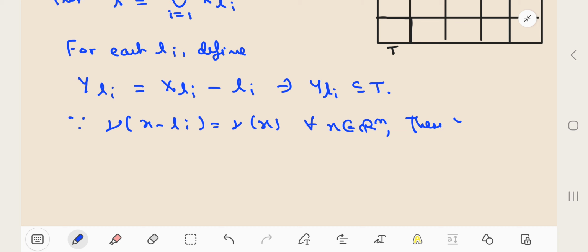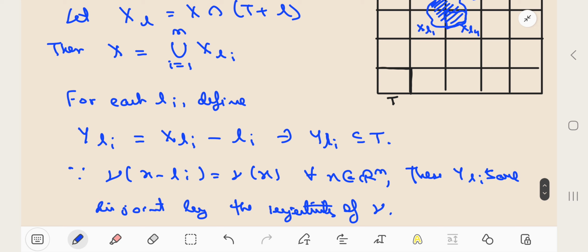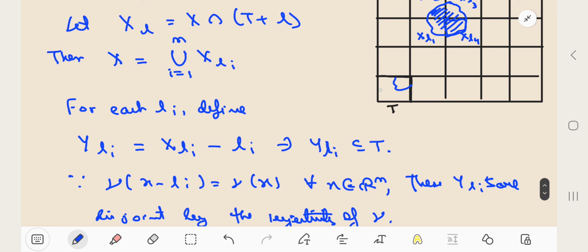These YLis are disjoint by the injectivity of gamma, right. So therefore I'll get the YLis to be sort of like this region I have, then some sort of a region like this, and some sort of a region like this.